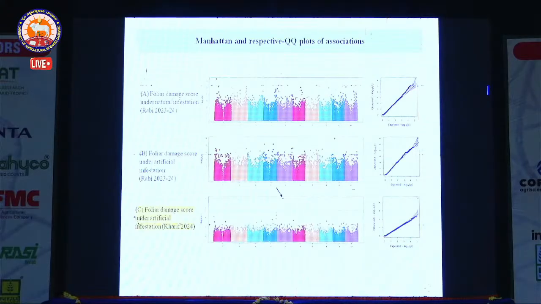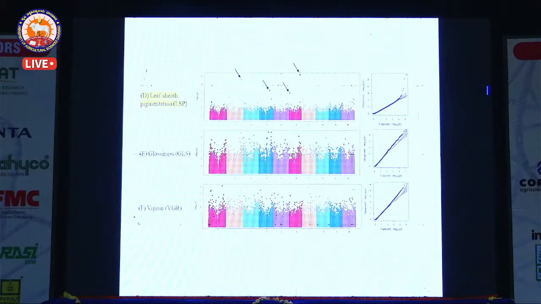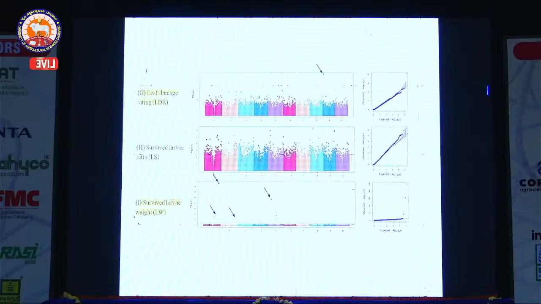There is 1 SNP for foliar damage score, and 4 significant SNPs for leaf sheath pigmentation, and 2 are on the same 6th chromosome, and 1 for LDR, and 4 for survived larval weight, where 2 are on the 1st chromosome.